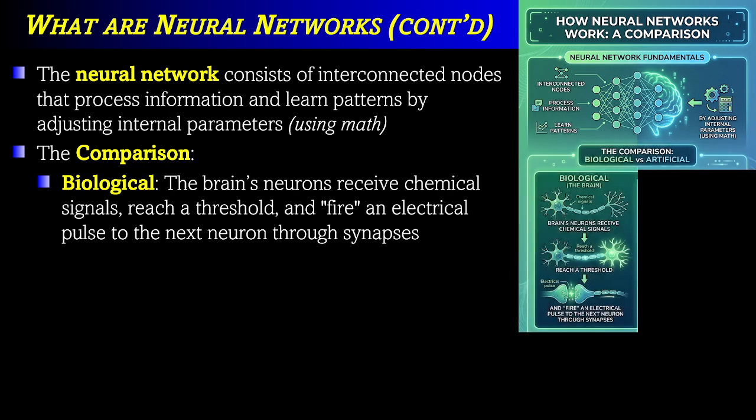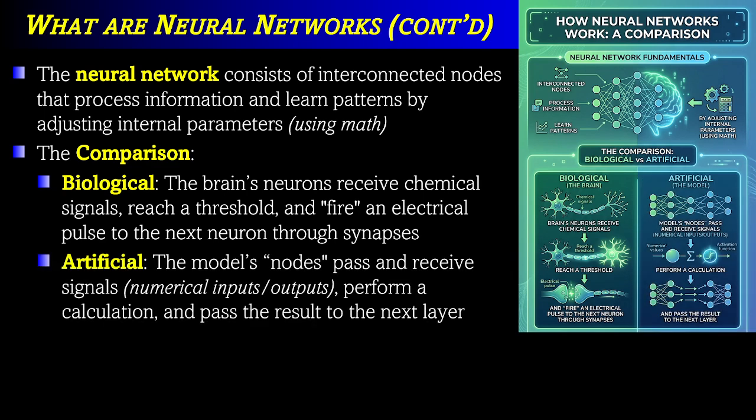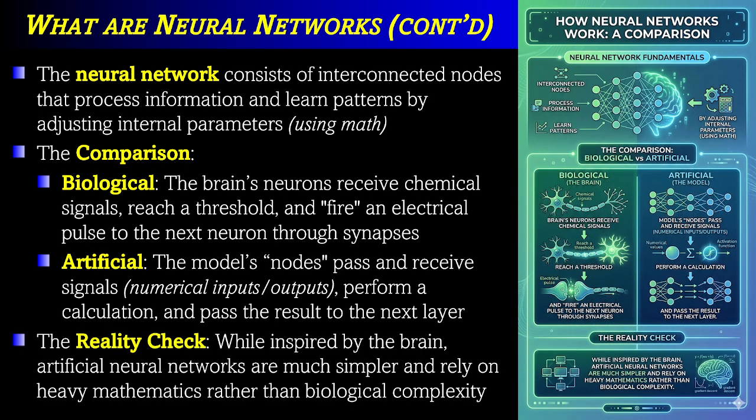If we compare it with the biological brain, neurons receive chemical signals that reach a threshold and fire an electrical pulse to the next neuron through the synapses within our brains. But the artificial model uses nodes that pass and receive signals, which are really just numerical inputs and outputs, and perform a calculation through math and pass the result on to the next layer of artificial neural network nodes or neurons.